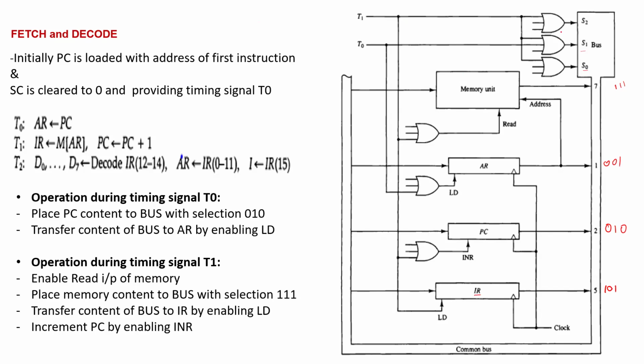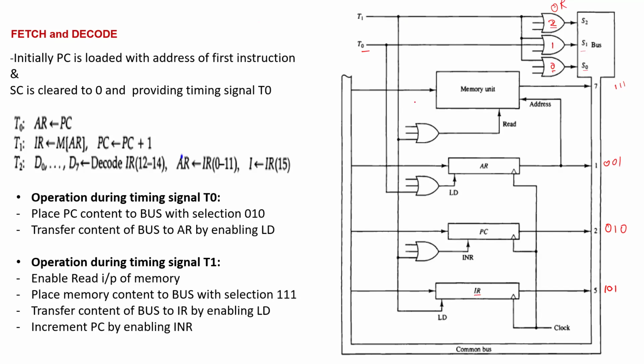Finally, in the connection, the selection lines have 3 OR gates. If you number them 0, 1, 2, T0 is connected only to OR gate number 1, whereas T1 is connected to both OR gate number 2 and number 0.